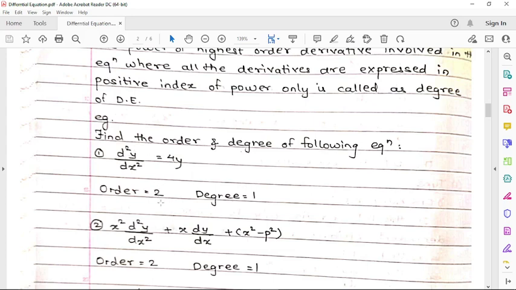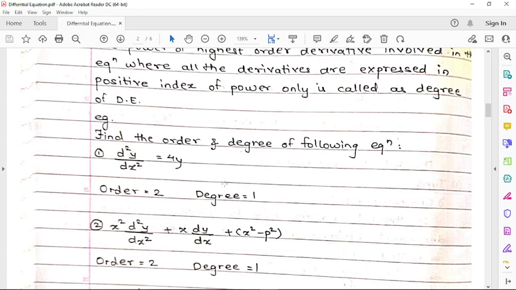And what is the degree? Degree is the power of the highest order derivative, right? So here when we consider this derivative, its order is 2. And what is the power? Here the power is 1, because nothing is written here. Nothing is written, that means the power is 1, so the bracket is raised to 1.